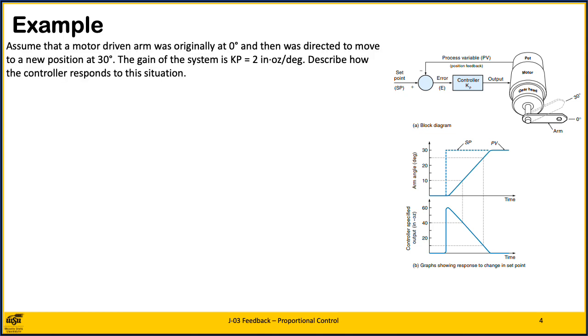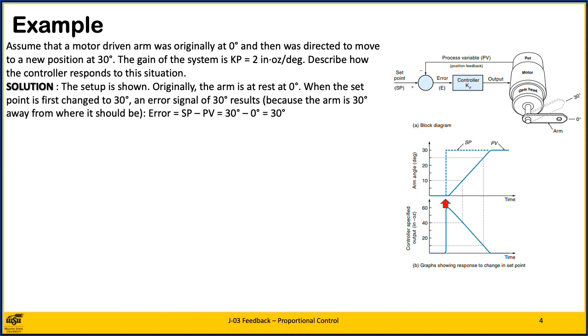Assume that a motor-driven arm was originally at 0 degrees and then was directed to move to a new position at 30 degrees. The gain for the system is 2 inch-ounces per degree. Describe how the controller responds to this situation. The solution, the setup is shown.